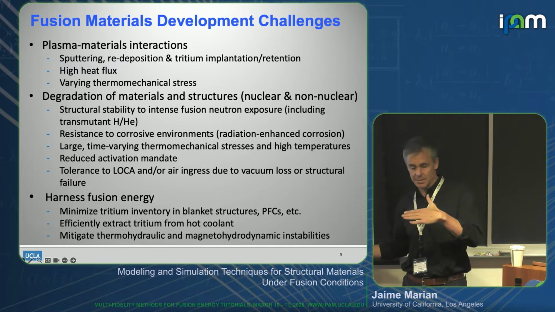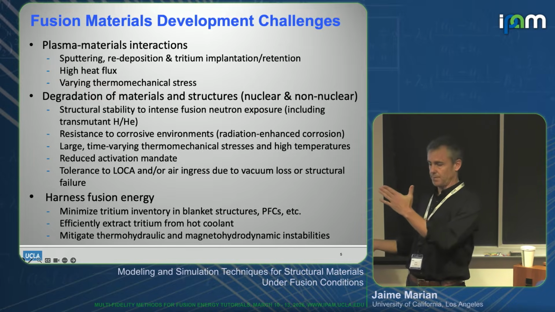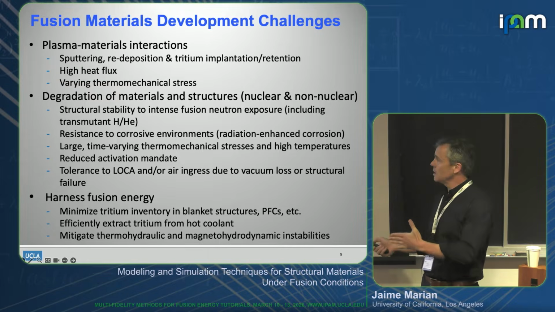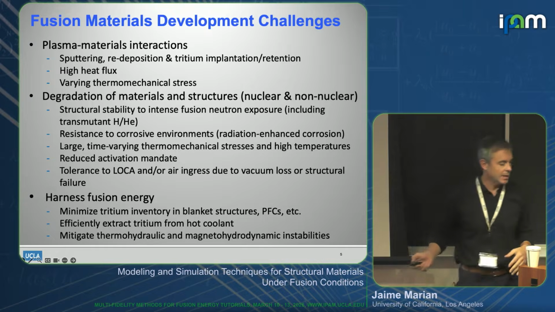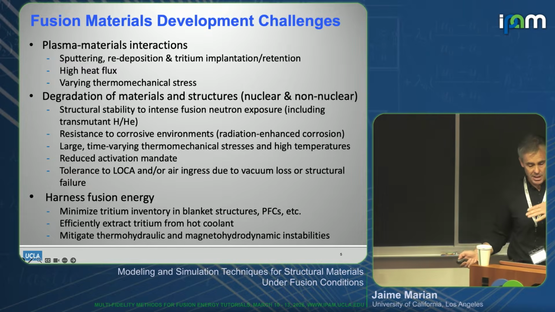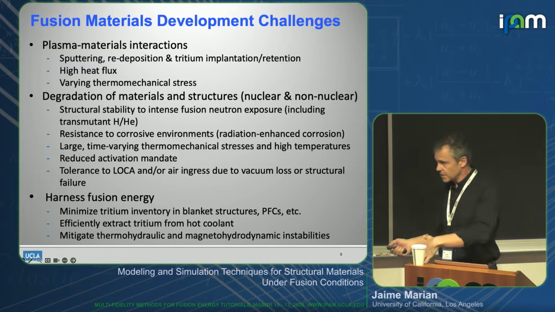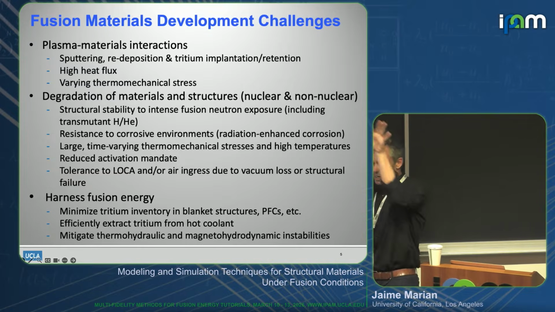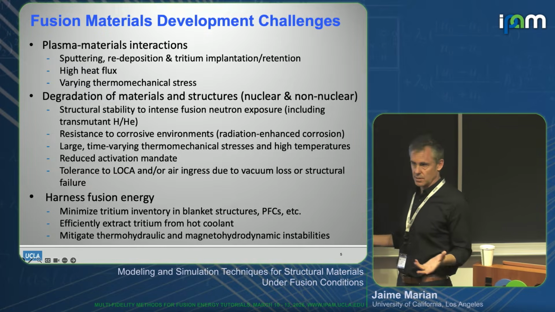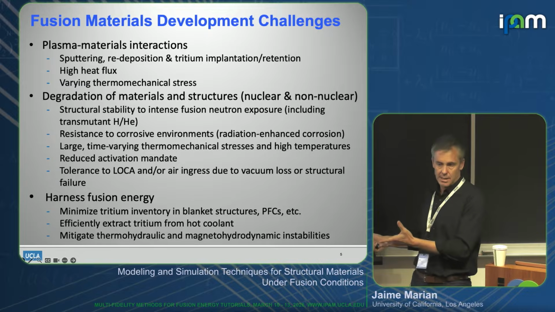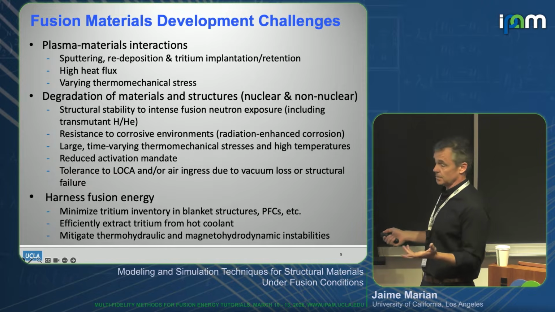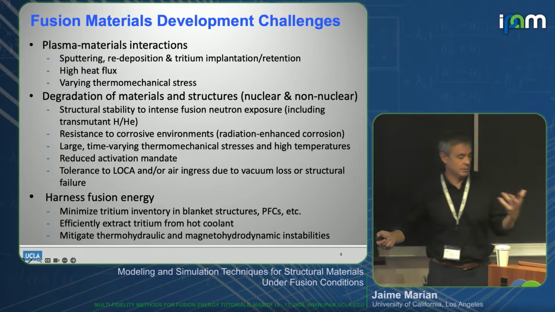Sputtering means the material is being eroded. The plasma facing armor is being eroded away, right? That's bad enough, but all that material that has been eroded becomes redeposited elsewhere in the reactor, right? So that now you have it where it shouldn't be, in amounts that are sometimes, we're talking about kilograms over years of operation.